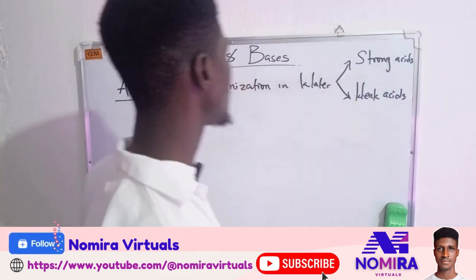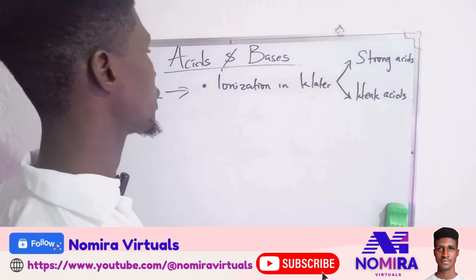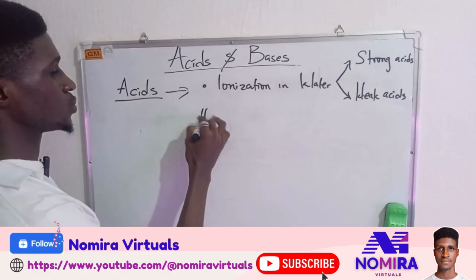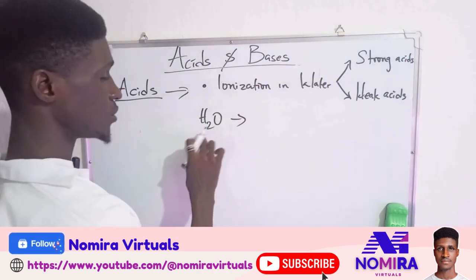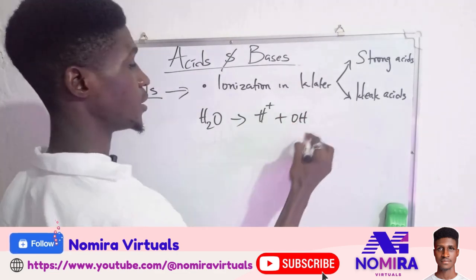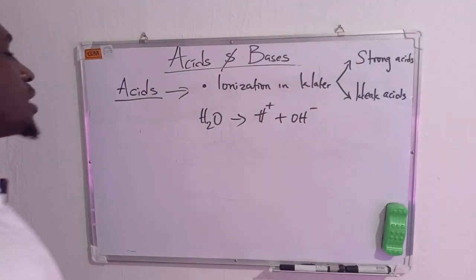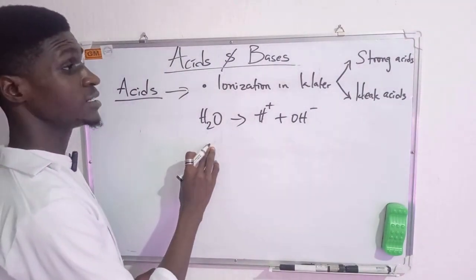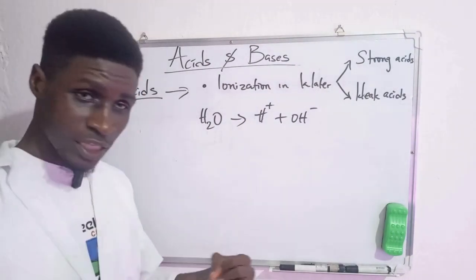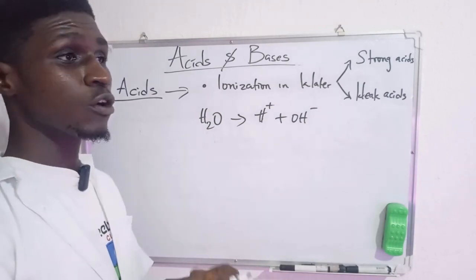Remember that ionization is talking about the dissociation into ions. Water is H2O. It means that when you hydrolyze water itself, you will be having hydrogen ion and hydroxyl ion. Now, when you introduce a substance in water and it ionizes completely, it dissociates the compound that is supposed to become the acid completely.